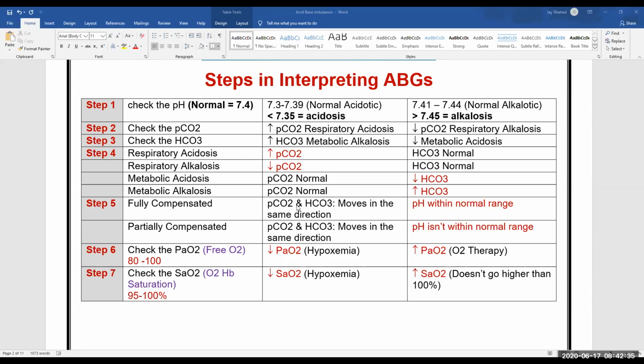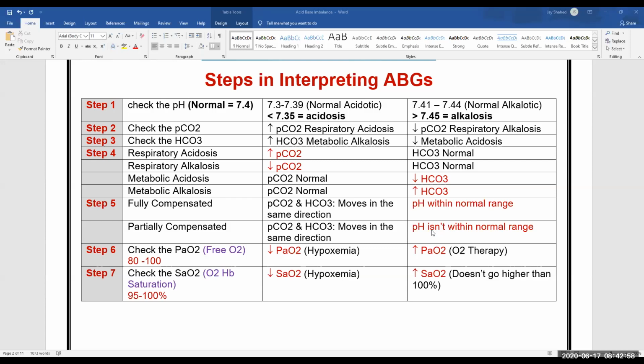Yes, you do. But again, we're going to look at what we call fully and partially compensated. In order to be fully compensated, the pH has to be within normal range. If it's partially compensated, instead of 7.35, it will be 7.3 or 7.32.